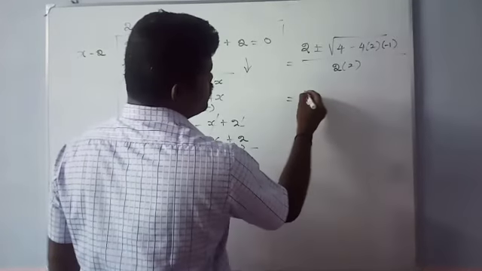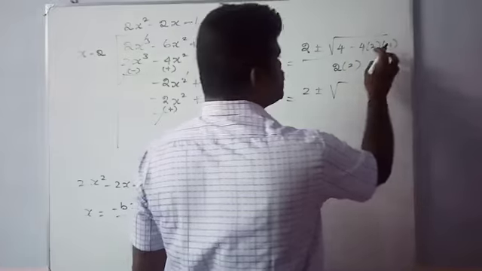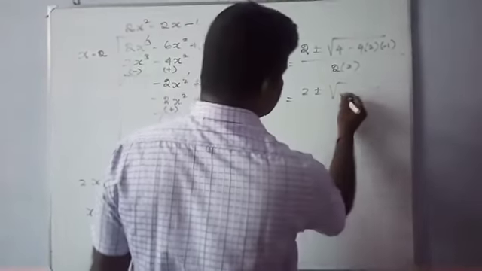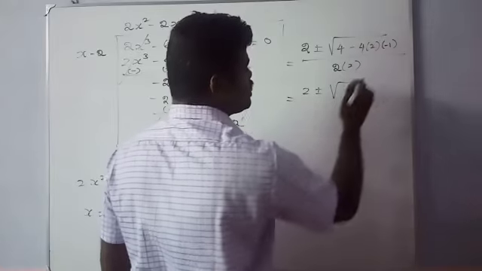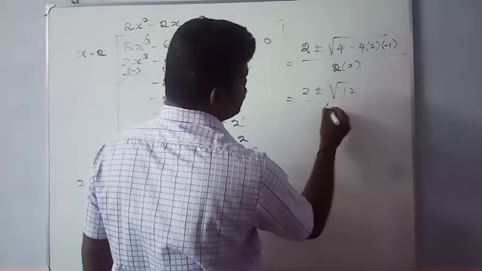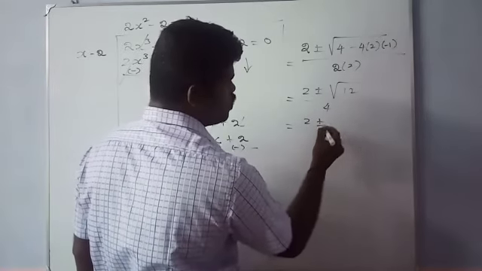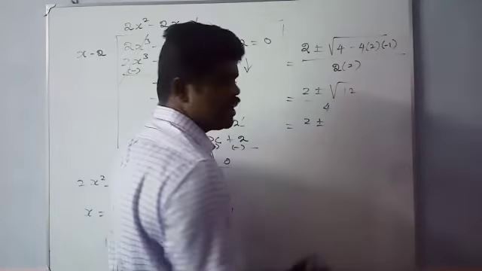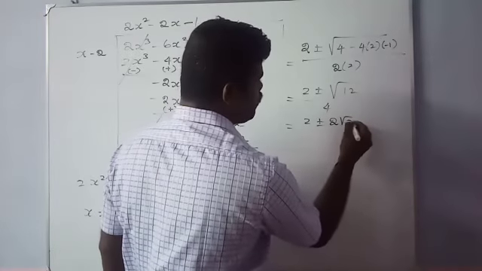So 2 plus or minus root of, this is 4 and this is plus 8, so totally 12. Divided by 2 into 2, 4. This must be changed as 2 plus or minus root 12. Root 12 is root of 4 into 3. Take 4 outside: 2 root 3.